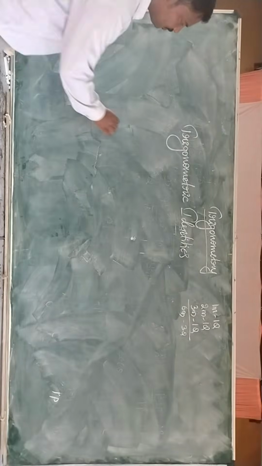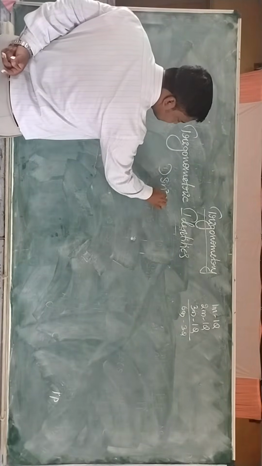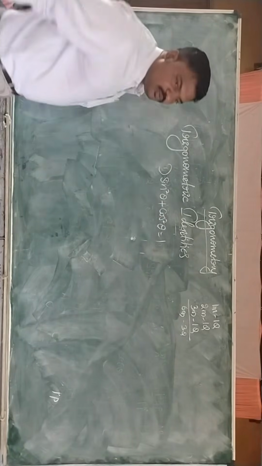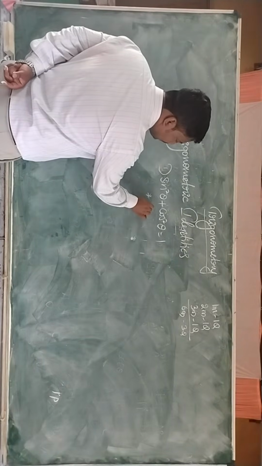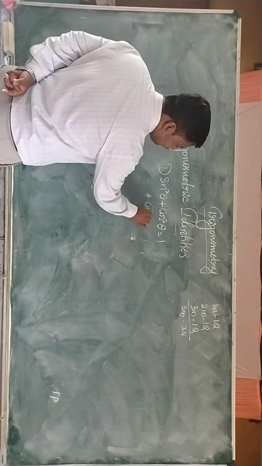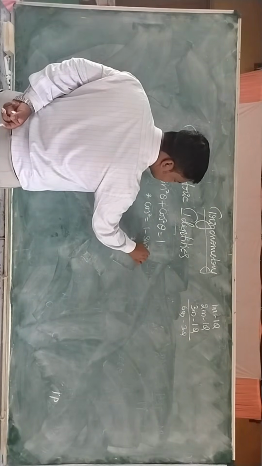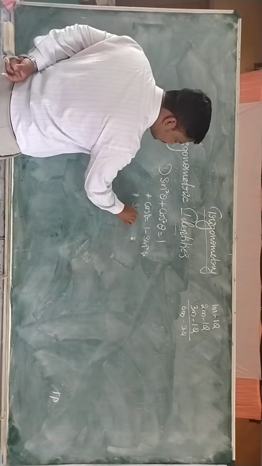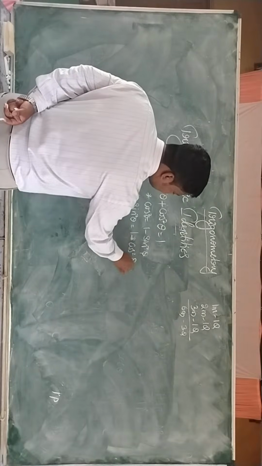First identity, simple one, sin square theta plus cos square theta is equal to 1. And the sub identity, cos square theta is equal to 1 minus sin square theta. Sin square theta is equal to 1 minus cos square theta.